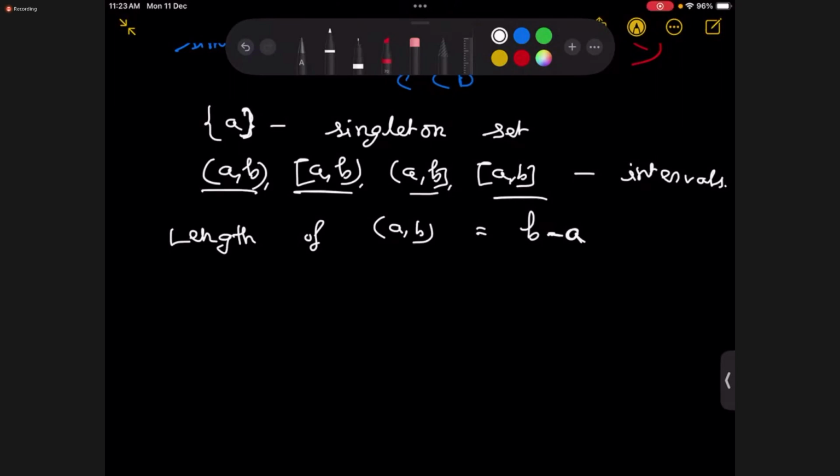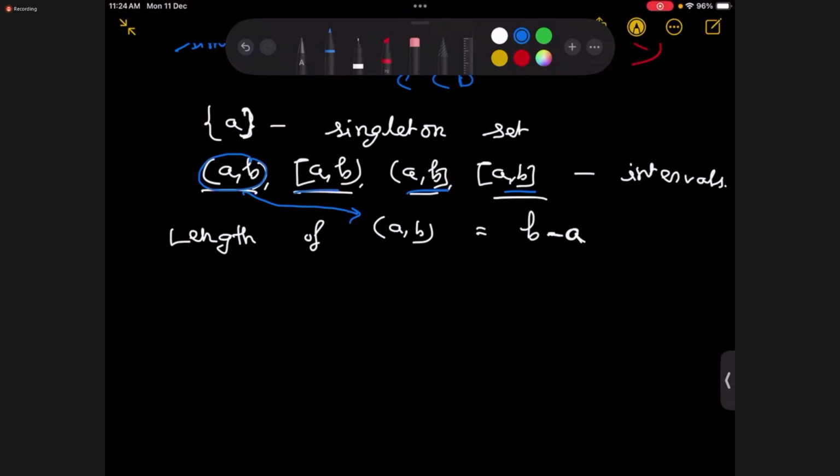Now one can think that there are three or four kinds of distinct intervals, so the length must be different. For this set, I have already discussed it. For this one, we have discussed like this. But what about these three sets? These three sets have the same length as (a, b). Why? Because a singleton set has measure 0.